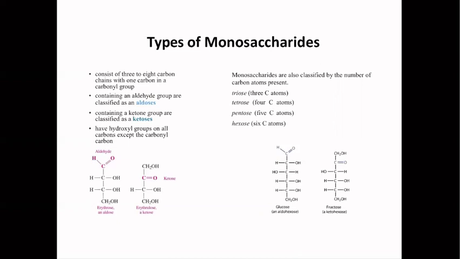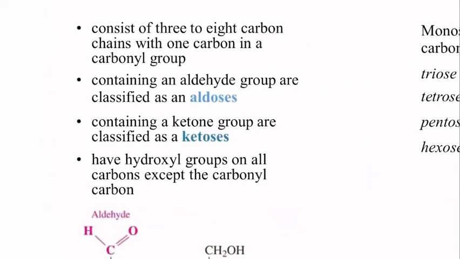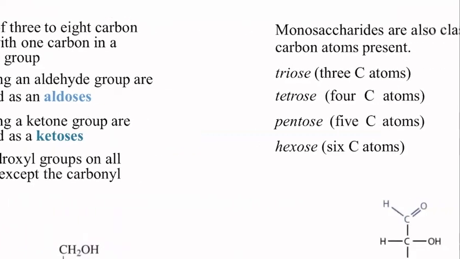If your monosaccharide has an aldehyde, that is known as an aldose monosaccharide or an aldose sugar. If it has a ketone group, that is known as a ketose. The hydroxyl groups are present, but we're going to focus on 2 things: number of carbons, and whether it has an aldehyde or a ketone.